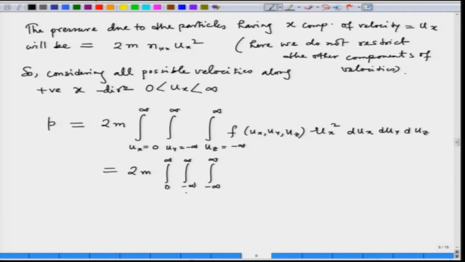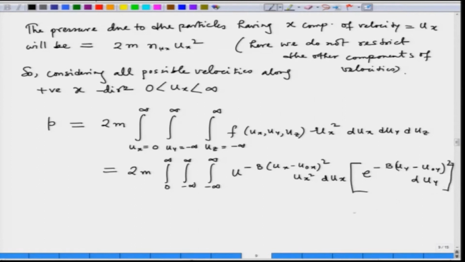Just remember, this is on ux, this is on uy, this is on uz, and you will have to evaluate e to the minus b (ux minus u0x) whole square ux whole square dux, and there will be another term e to the minus b (uy minus u0y) square duy, and the same thing for uz.